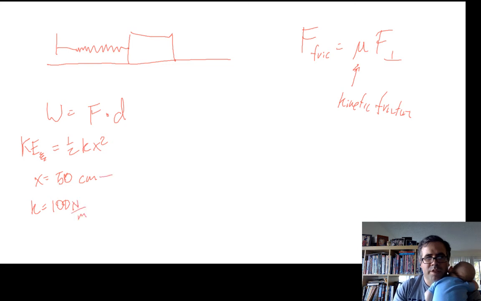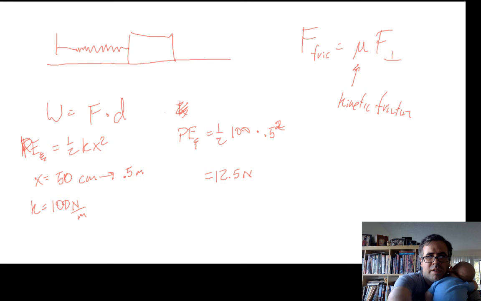So we'll change this. This is, of course, 50 centimeters, which is half a meter. So the starting spring potential energy in the system is going to be 1/2 times 100 times 0.5 squared. That's 12.5 joules.